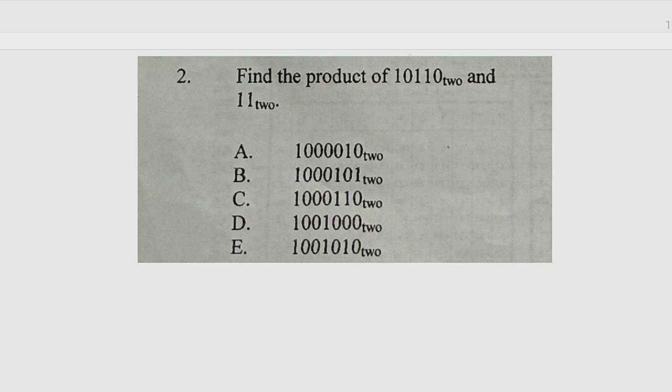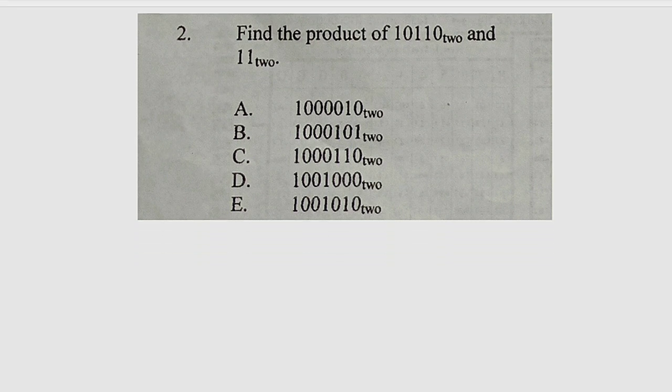But for me, I'm going to convert the two numbers into base 10, multiply the result, then reconvert the result into base 2. Let me start with the first number, which is 10110 in base 2.